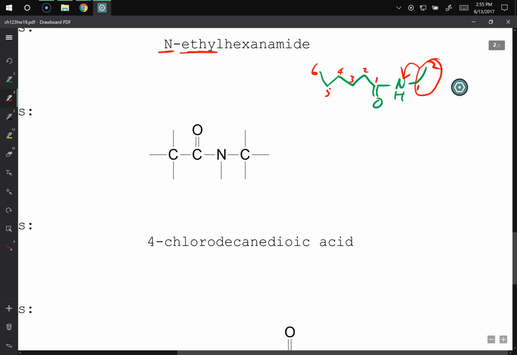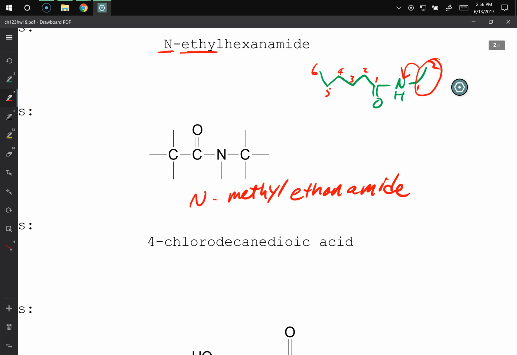So when you put the two before the ethyl, and the amine is on the second carbon, I don't understand what you're asking.